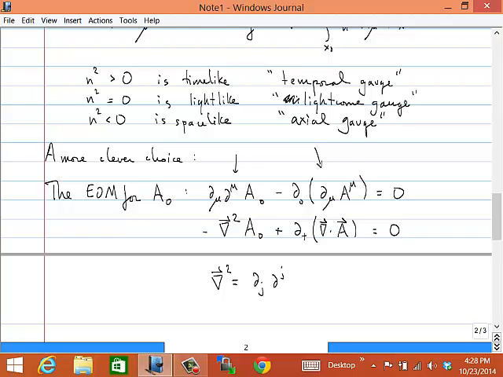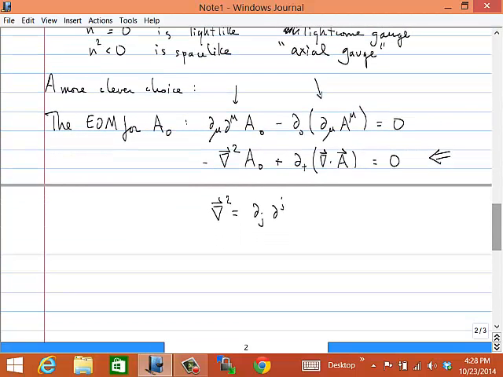So the fact that there were no time derivatives of a0 in the Lagrangian is reflected here in the fact that there are no time derivatives of a0 in this equation of motion. So the question then is, can we consistently set a0 equal to 0? And you can see that in this equation of motion this will be possible only if del dot a is equal to 0. So we'll need to set this term equal to 0.